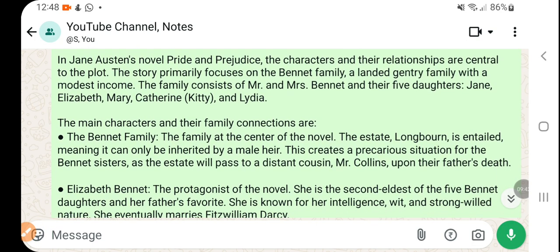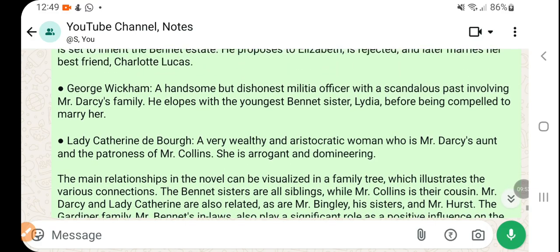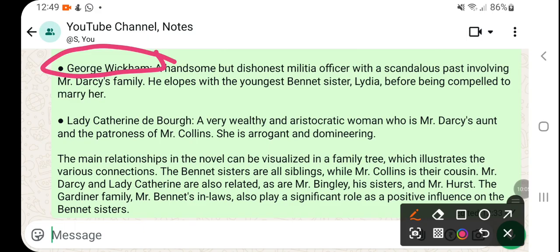Okay. Now characters and relationships. In Jane Austen's novel Pride and Prejudice, the characters and their relationships are very important. The next character is George Wickham, a handsome but dishonest militia officer. He is very handsome, a militia officer with a scandalous past involving Mr. Darcy's family.